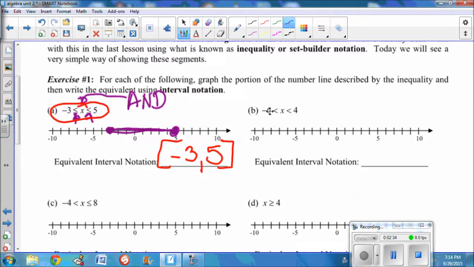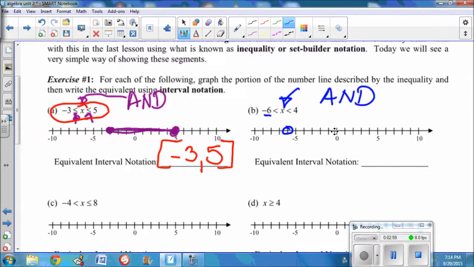So let's look at B. -6 is less than x, which is less than 4. Again, that's an AND compound inequality because the x is in between. It's got to be true for both pieces of the inequality in order for it to be true. So where is our starting point? Our starting point is at -6, but it's not included because it's a less than.